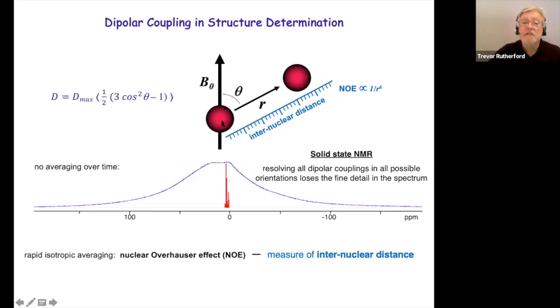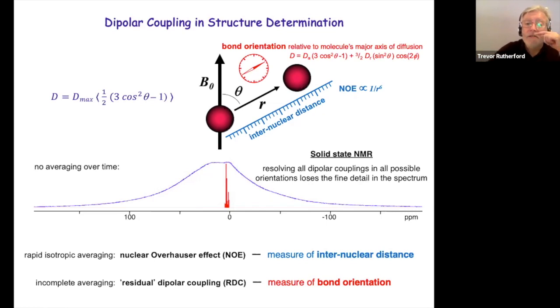We can measure the strength of this NOE effect, which is basically a non-equilibrium population of magnetic energy levels. If we can measure the strength of the NOE, we have a direct measure of internuclear distance between two specific spins.